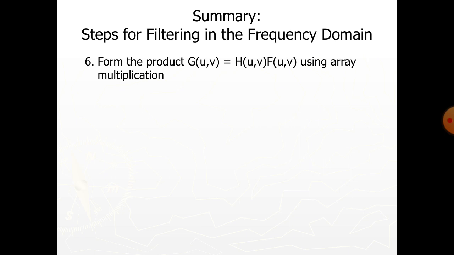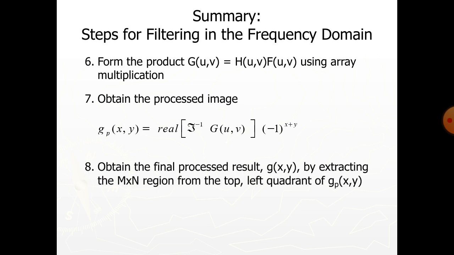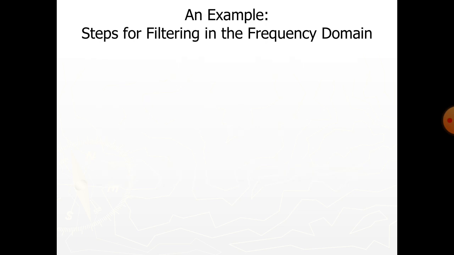Sixth, form the product G(u,v) equal to H(u,v)F(u,v) using array multiplication. Seventh, obtain the processed image gp(x,y) equal to the real part of the inverse of G(u,v) times (-1) raised to x plus y. Finally, obtain the final processed result g(x,y) by extracting the M by N region from the top left quadrant of gp(x,y).